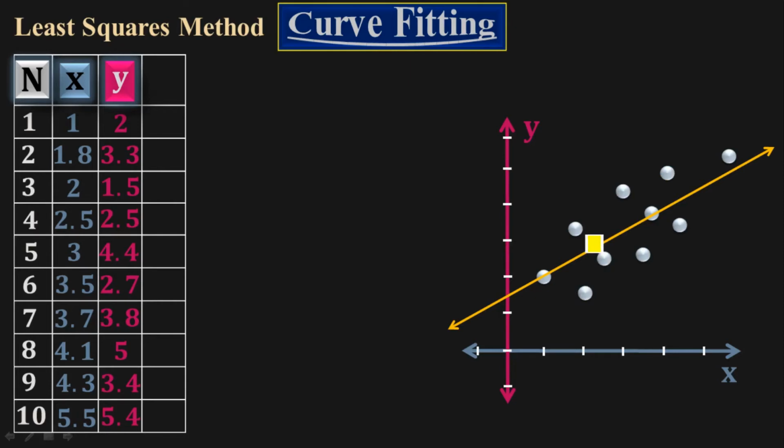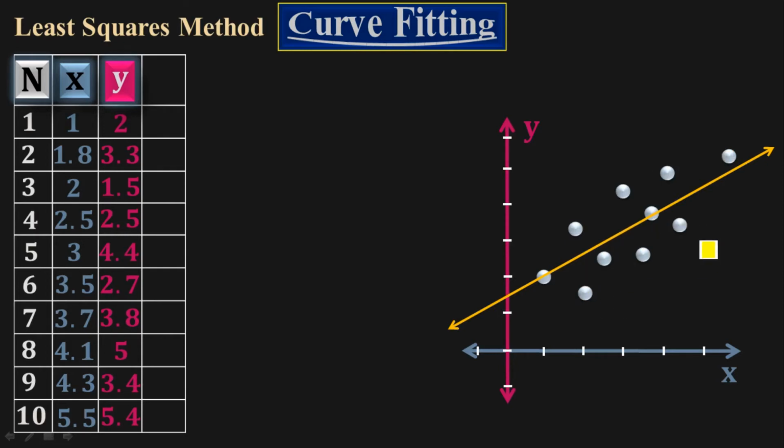It is near to this point, but it is far from this one. I cannot say that this curve is a perfect fit within these coordinate points, because I can see that the distance of the points above the curve is more than the distance of the points below the curve.